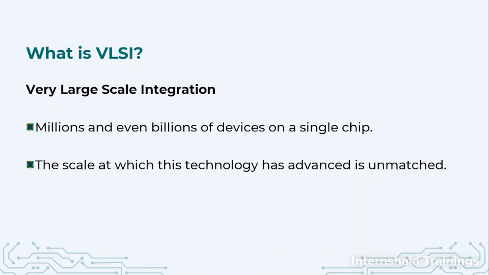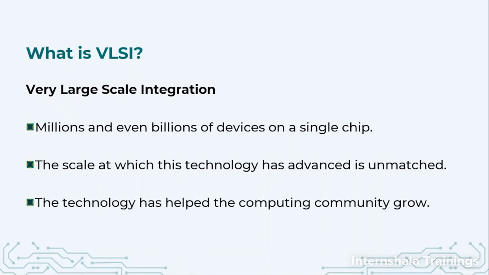This is the level of advancement we are talking about. We are not having that in any other field, like the cars are not running 1000 times faster now, or the engines are not giving 1000 times better fuel efficiency. And that is the reason that the computing community has grown at such a high pace over these decades.